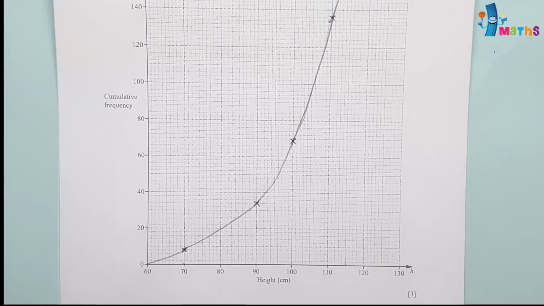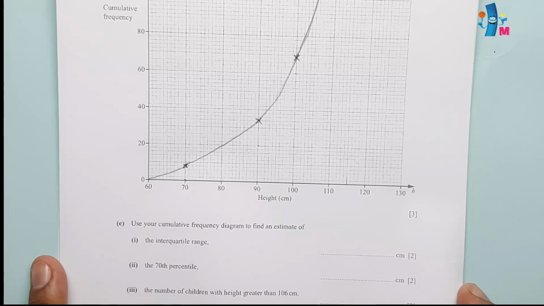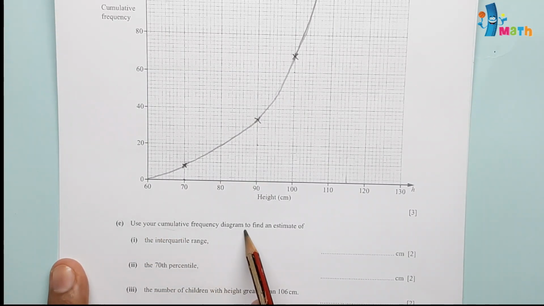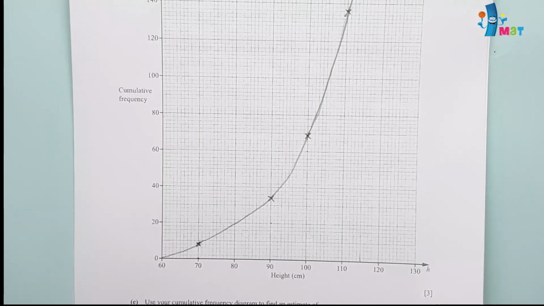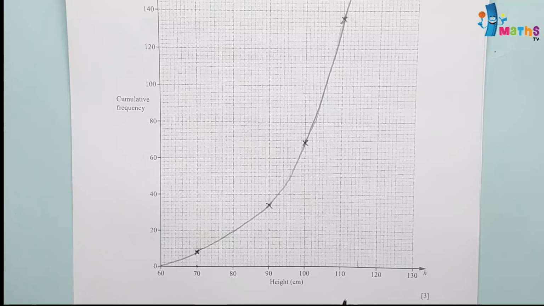Now the question we have to answer on the basis of this cumulative frequency diagram is: use your cumulative frequency diagram to find an estimate of the interquartile range. The interquartile range, you know, is the difference between the 75th percentile and the 25th percentile.